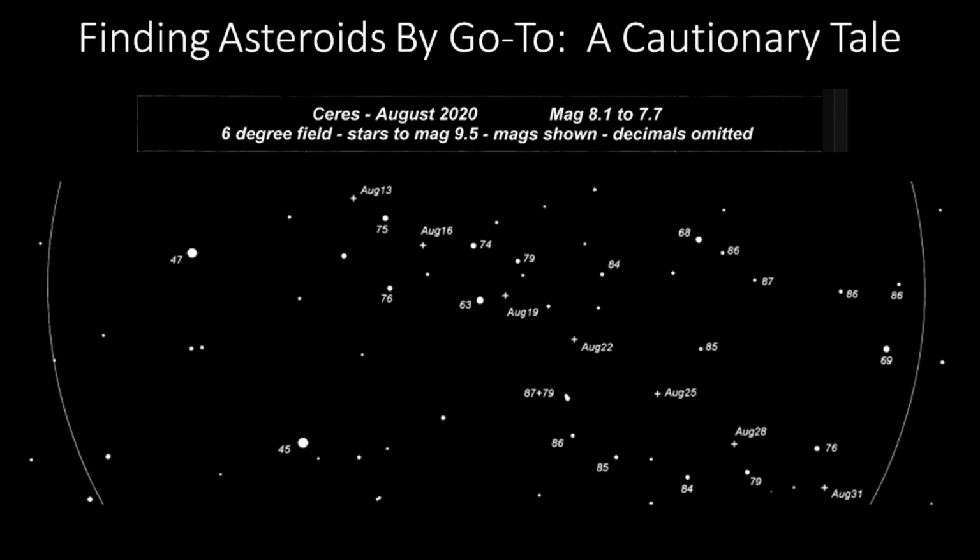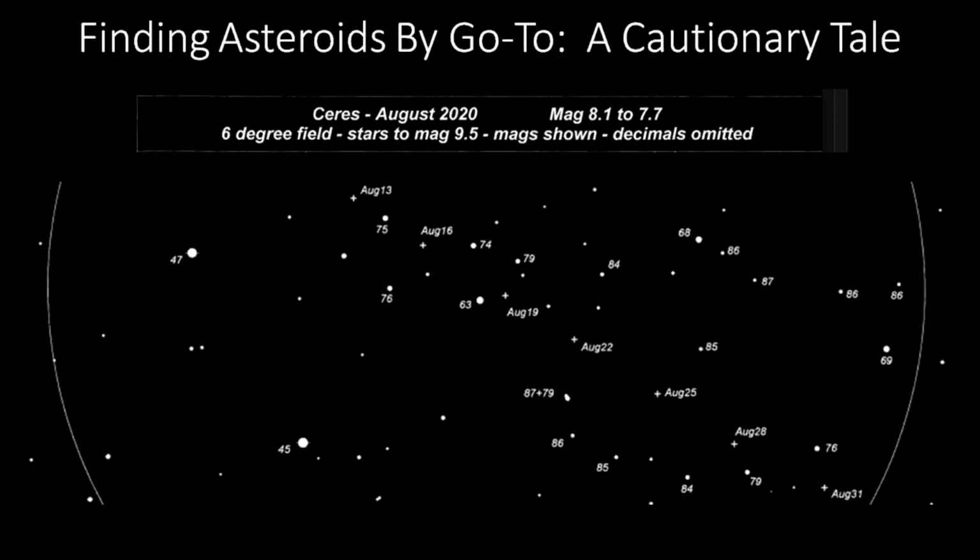You know and I know that if you have a GoTo scope, where you tell the scope to take you and where it actually takes you is not necessarily going to be the same place.